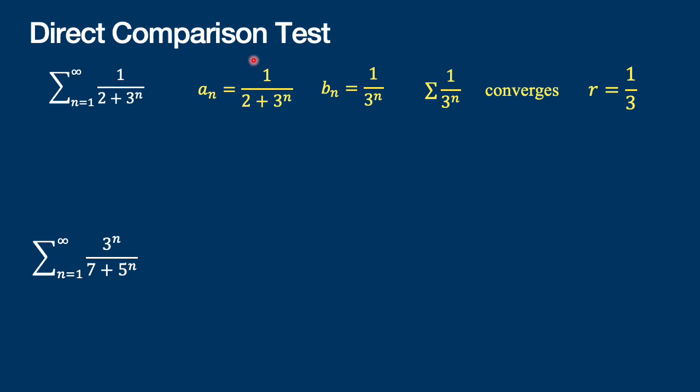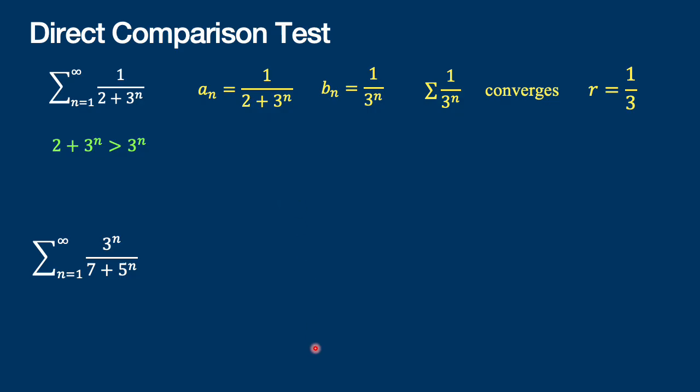What have we proven? a_n is less than b_n. That's how we prove this series converges, guys, okay? Let's check it out. 2 plus 3^n is definitely greater than 3^n.